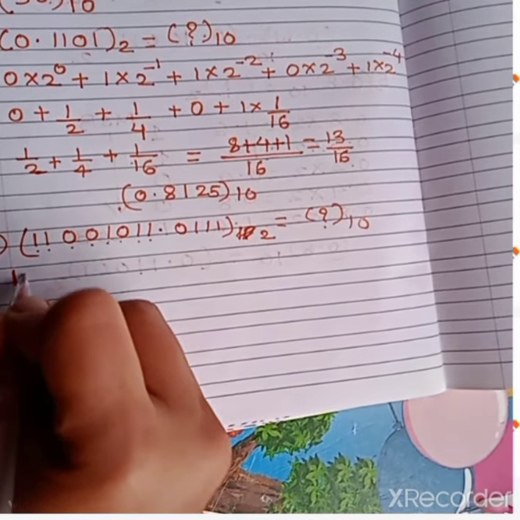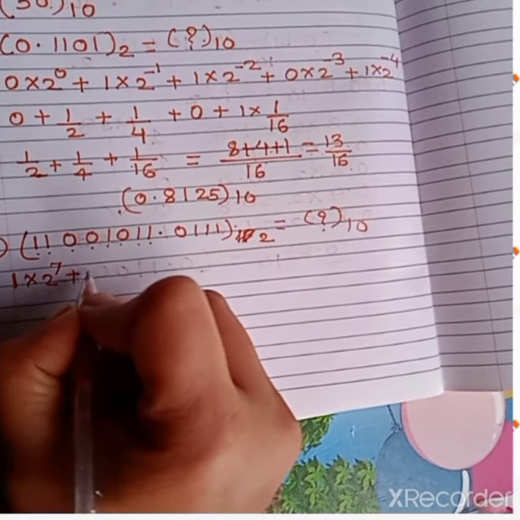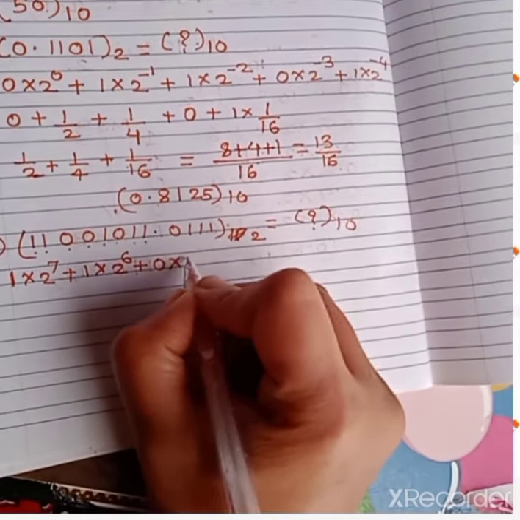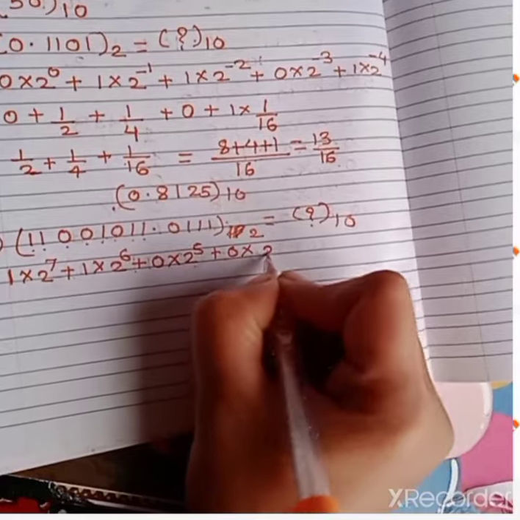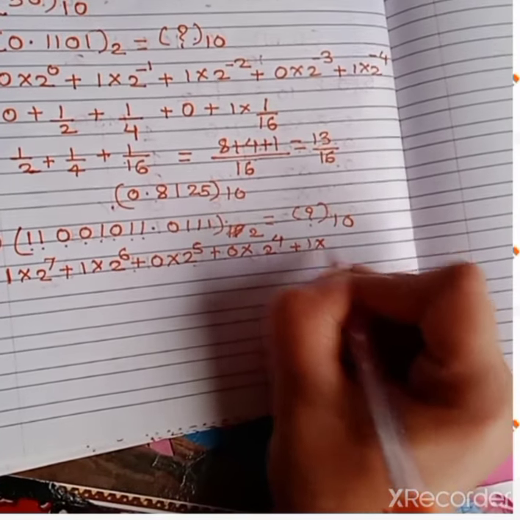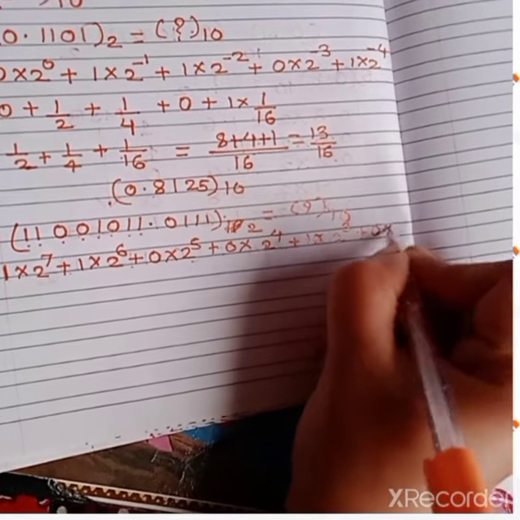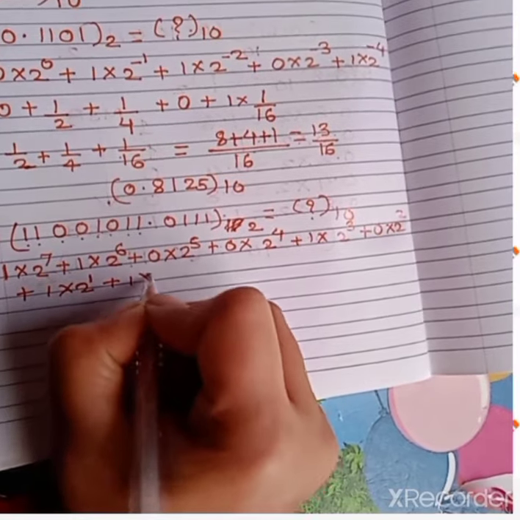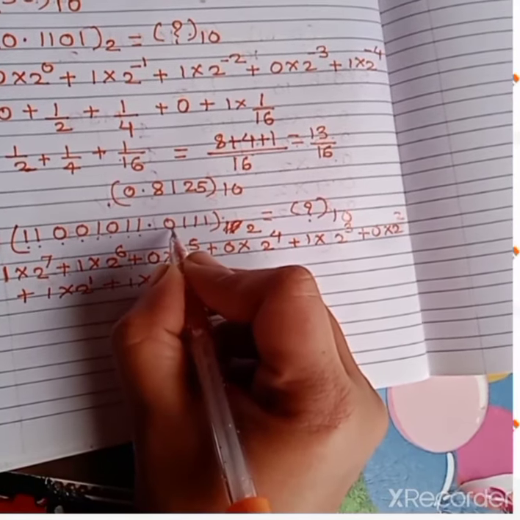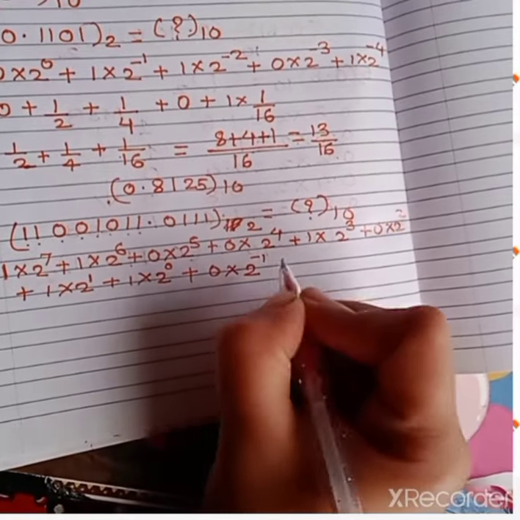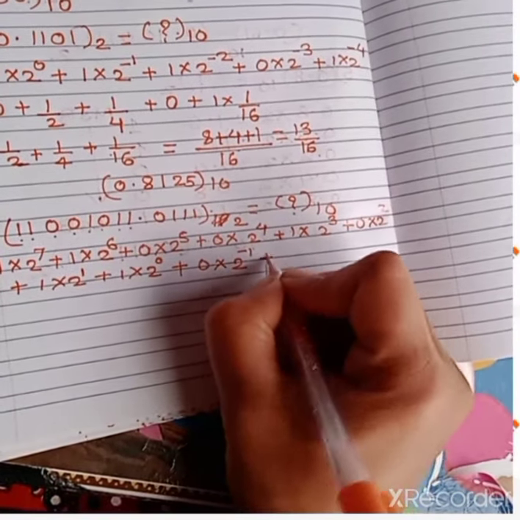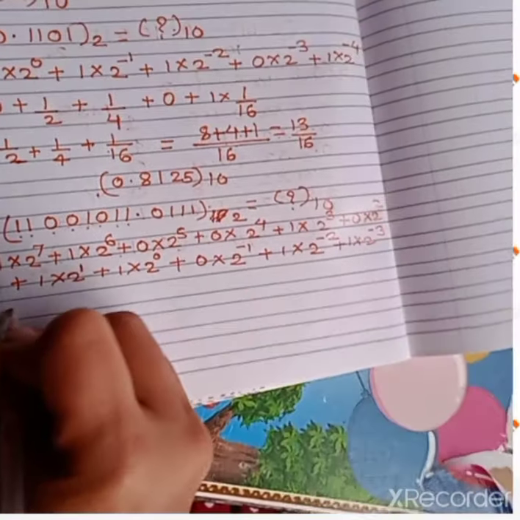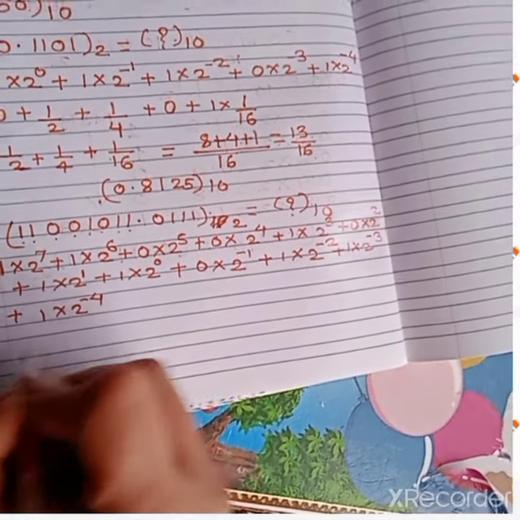So this 1 means 1 into 2 raised to 7 plus 1 into 2 raised to 6 plus 0 into 2 raised to 5 plus 0 into 2 raised to 4 plus 1 into 2 raised to 3 plus 0 into 2 raised to 2 plus 1 into 2 raised to 1 plus 1 into 2 raised to 0 plus 0 into 2 raised to minus 1 plus 1 into 2 raised to minus 2 plus 1 into 2 raised to minus 3 plus 1 into 2 raised to minus 4.